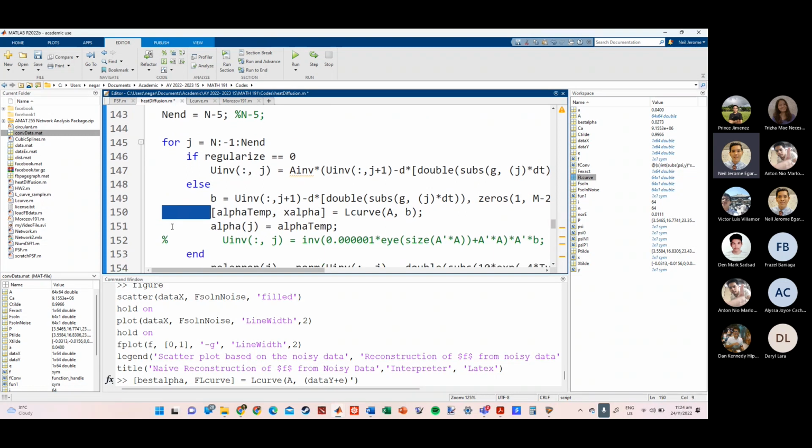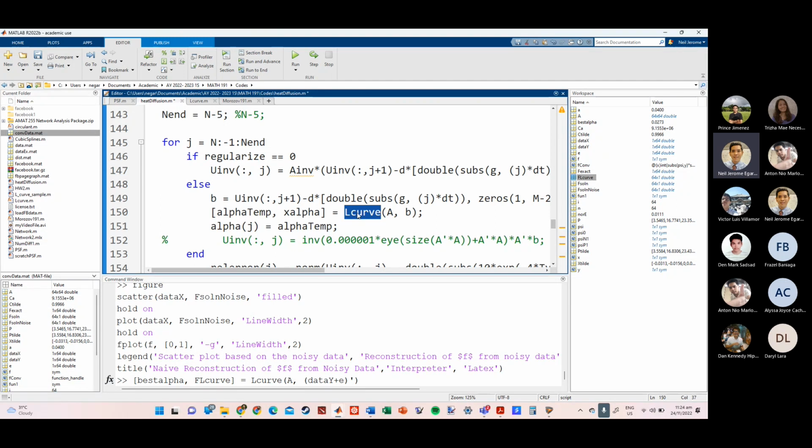Pero dahil gusto kong mag-L-curve sa bawat isang backward reconstruction, kinopya ko yung buong laman ni L-curve.m, pwede ko na lang siyang gawing isang external function like what I did. And then makita nyo sa loob ng for loop, tinawag ko lang si L-curve, parang built-in function na siya ngayon.